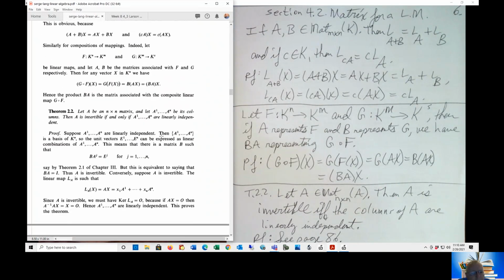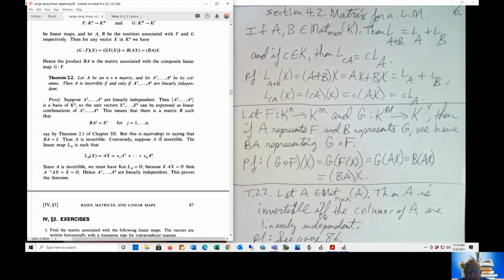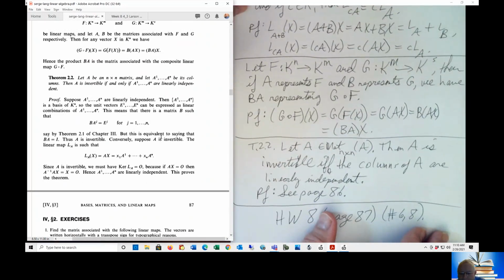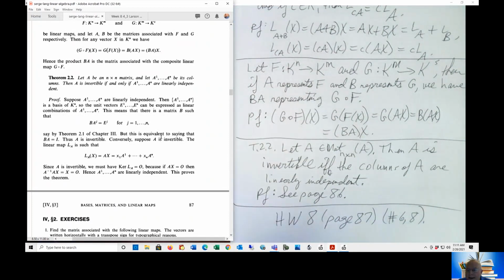Now look at theorem 2.2. What does it say? Let A be an n by n square matrix, then A is invertible, has an inverse, if and only if the columns of A are linearly independent.